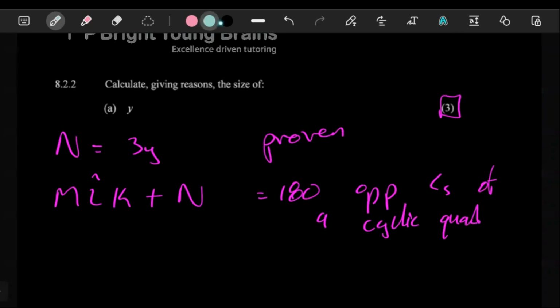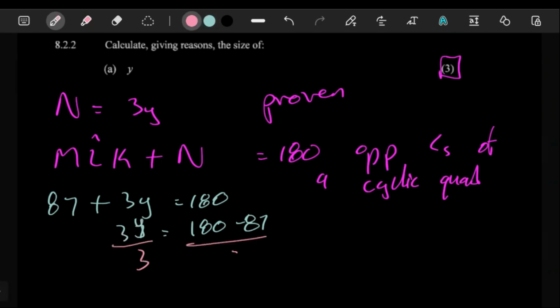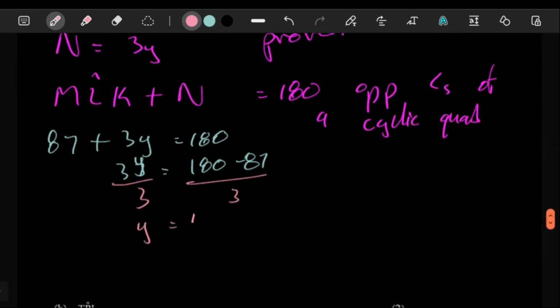So with that being known, this is going to be 87 plus 3y, and this is equal to 180. Everything that does not have y can go on this side, and then you can just divide by 3 on both sides. So y is 180 minus 87 divided by 3. So that's quite okay, it's not that interesting.